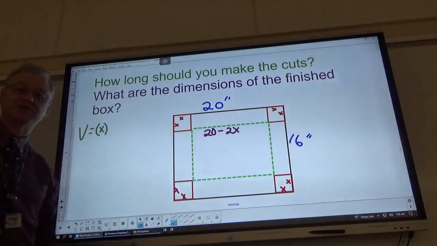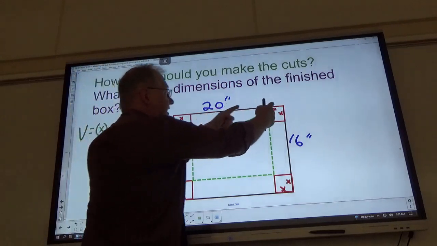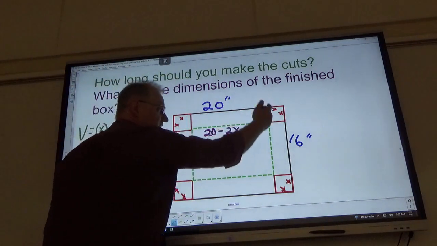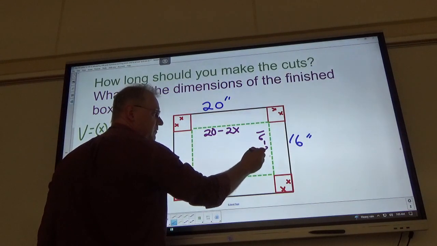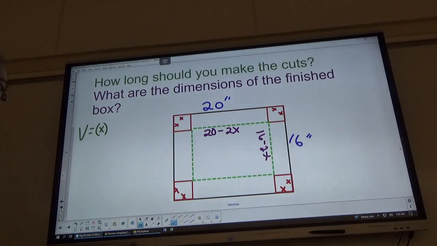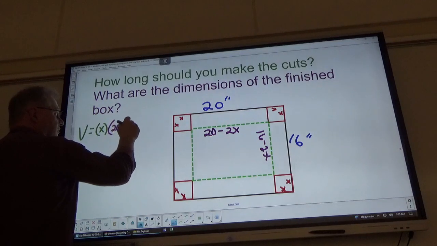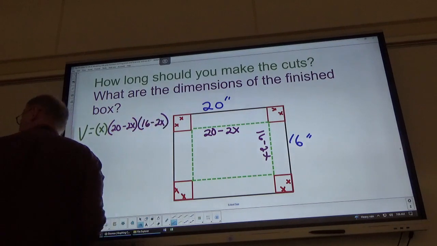The full 20 minus this x and minus that x. So that's minus 2 x's. And of course, this one is going to be 16 minus 2x. I don't know if that's easy enough to read. I'll put it over here. 20 minus 2x, 16 minus 2x.